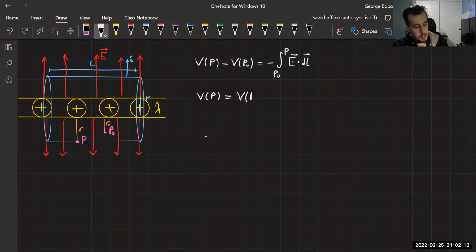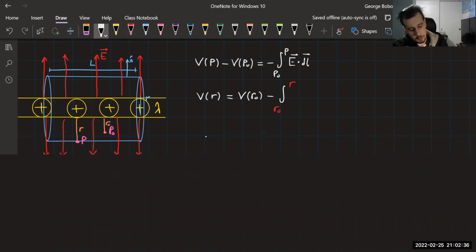So we'll have V of P naught. P is at a radius R. P naught is at a radius R naught right now. Okay? And then we take away the integral from P naught to P. That means from R naught, if we put in the bounds correctly, to R.